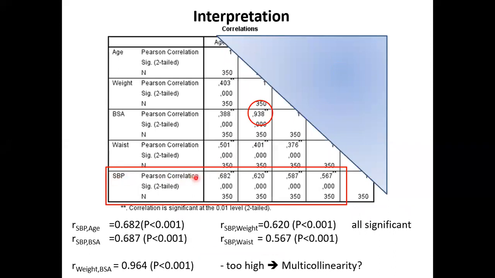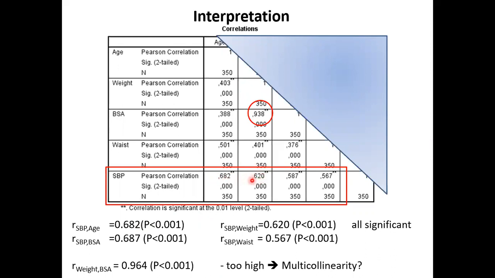So BP versus age. This R value is very significant, the P value, and also it's more than 0.3. So that is an association between this and this, right? That means what? The older the person, the higher the BP.